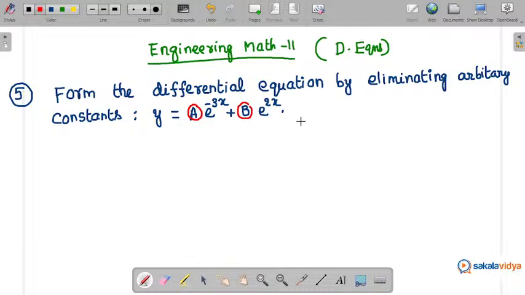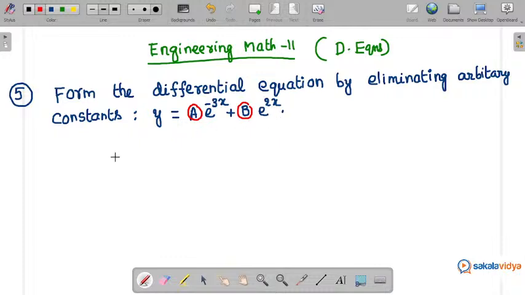Actually this is the given equation, say 1. By differentiating we get second equation. Again differentiating we get third equation. From equation 1, 2, 3 we need to eliminate a, b, so that we get determinant form. If you expand the determinant, we will get the differential equation. This is the strategy to be applied to solve the problem.